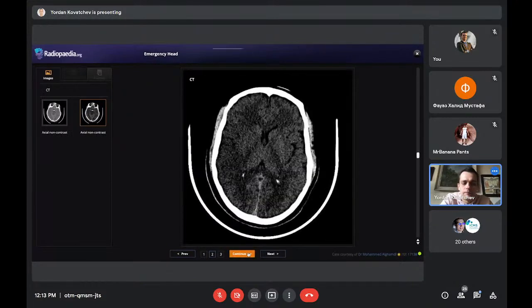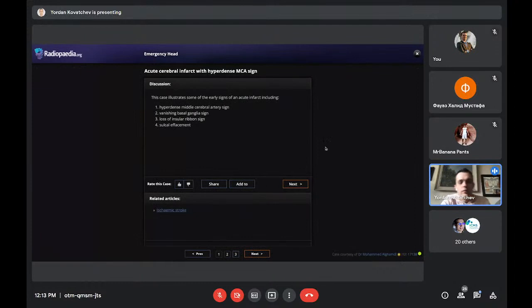Okay, let's move on. Something different. You remember already the loss of the insular ribbon and the hyperdense MCA. At least these two things with cytotoxic edema. Remember about acute infarction. Acute because we're talking about emergency situations now. So the so-called effacement would be a sign of edema as well.